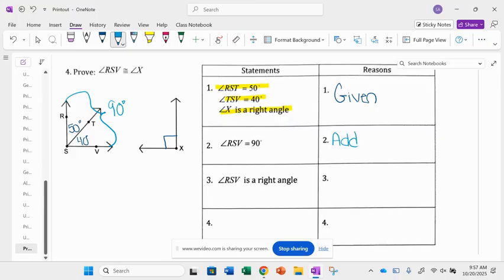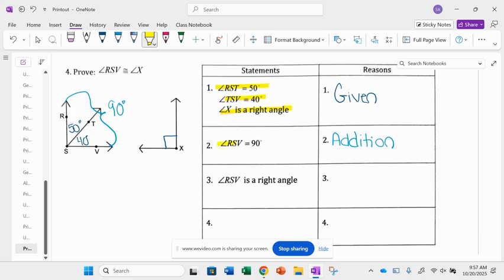So this was addition. Okay, so now the reader of the proof really doesn't understand. Right now, we want to prove that RSV, which we just said was 90 degrees, is equal to angle X, which is said to be a right angle.